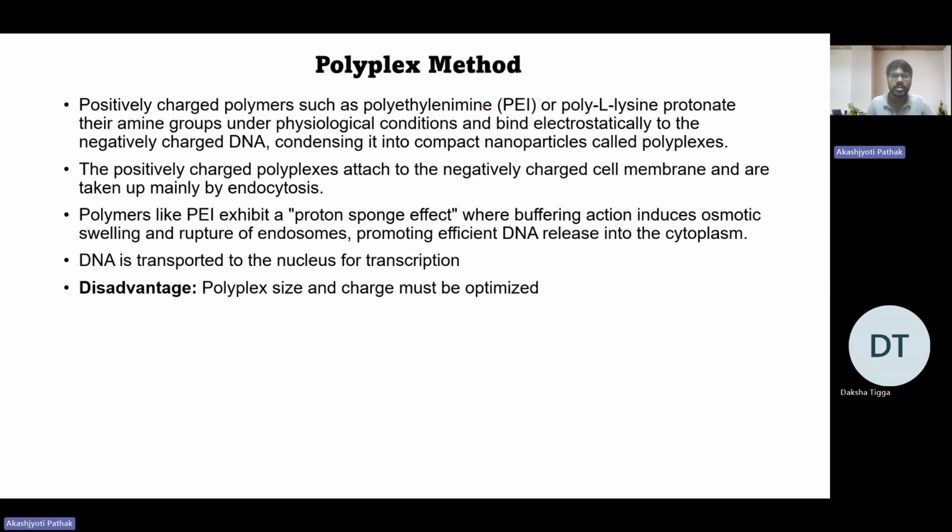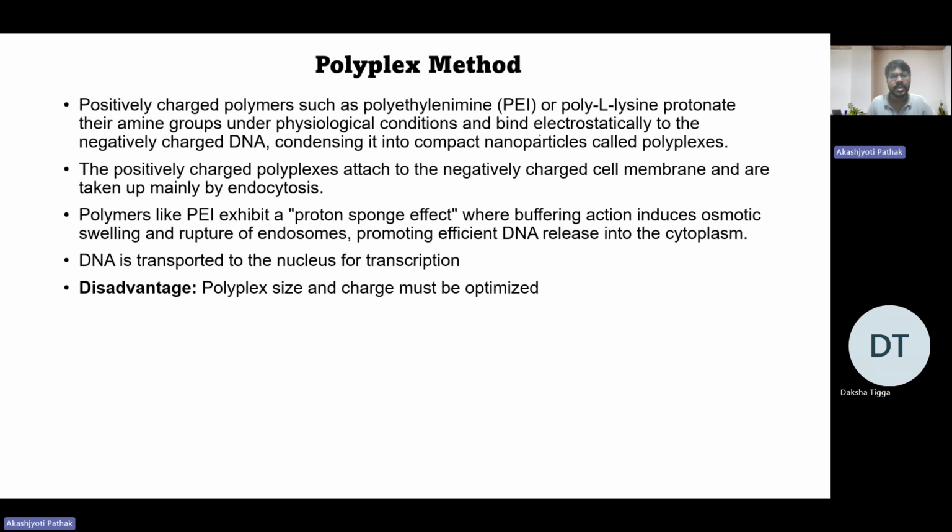Here also, the polymer has a positive charge, so by electrostatic interaction the negative charge of the DNA will be neutralized, and then this complex can move inside the cell.